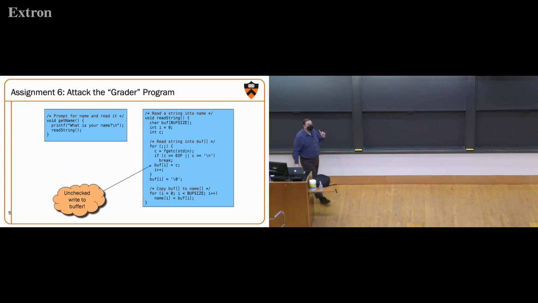But then readString does something else. It actually takes what it read and copies it to a different array, this array called name. And this, in fact, is a checked write. The loop that copies buff to name actually only goes as far as buffer size, so it's only going to copy a fixed number of bytes there.